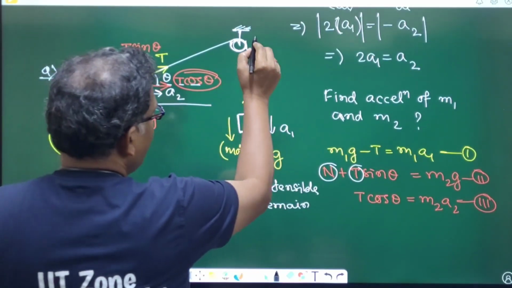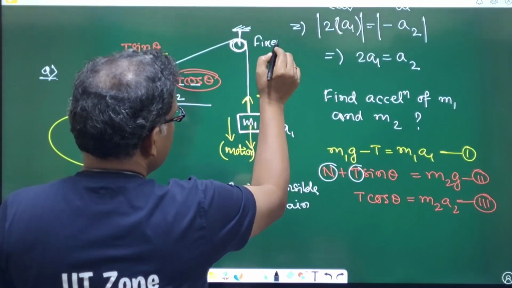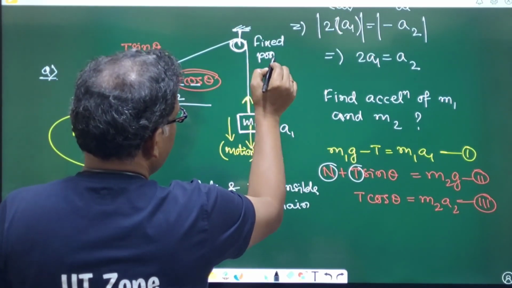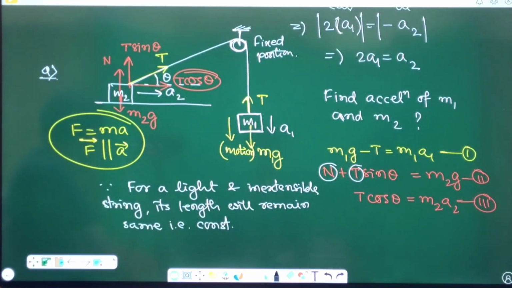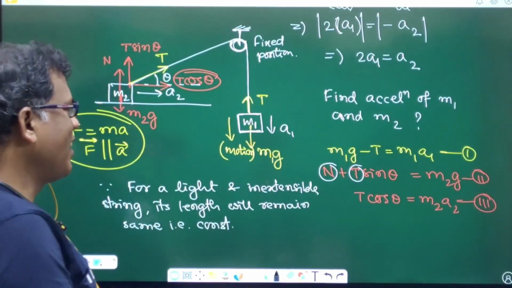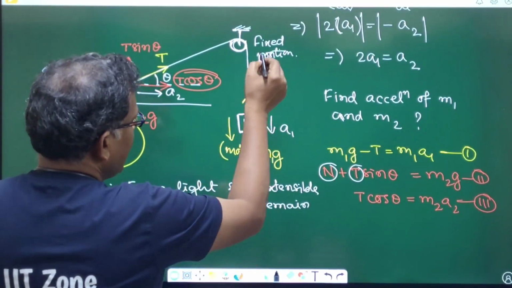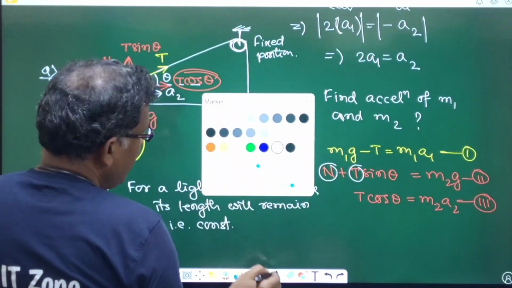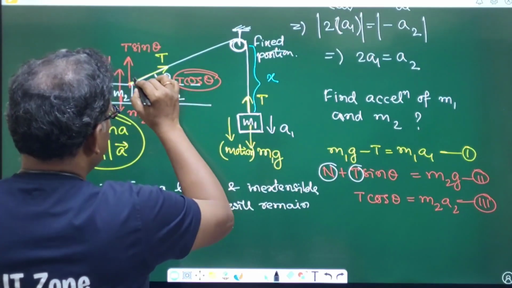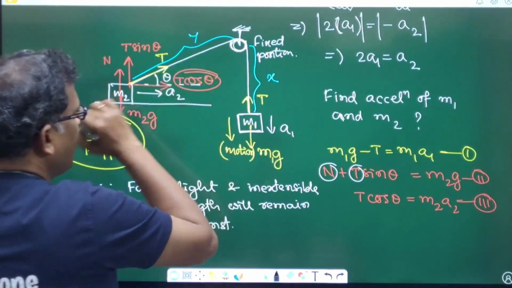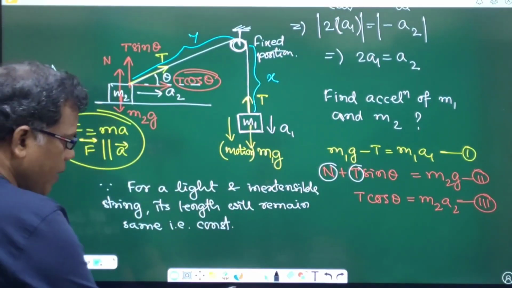So this is again a fixed position in this diagram. Is this position going to change with the change of position of m1 and m2? No, right? Correct. So again I can say that if I assume this portion to be a length x, and this portion to be a length y, can I say x plus y is equal to L?